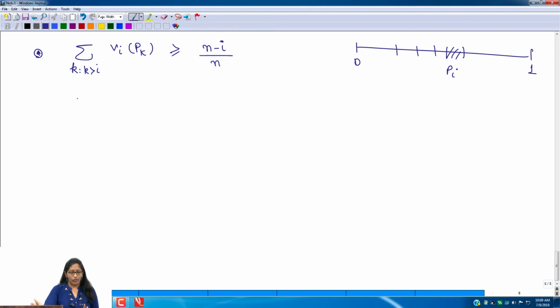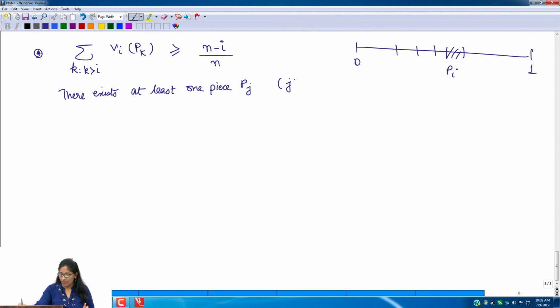So via an averaging argument, what can I guarantee right now? There exists at least one piece pj, where j is greater than i, among the subsequent pieces, such that vi of pj is at least 1 by n.